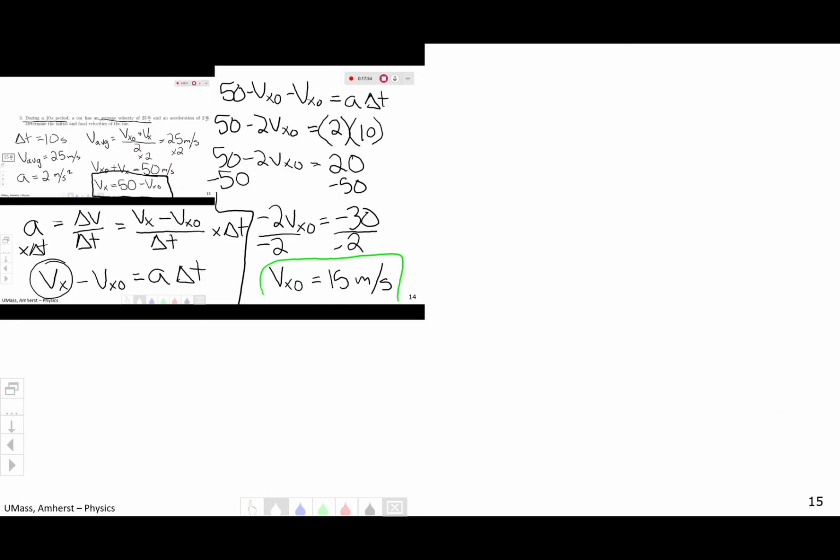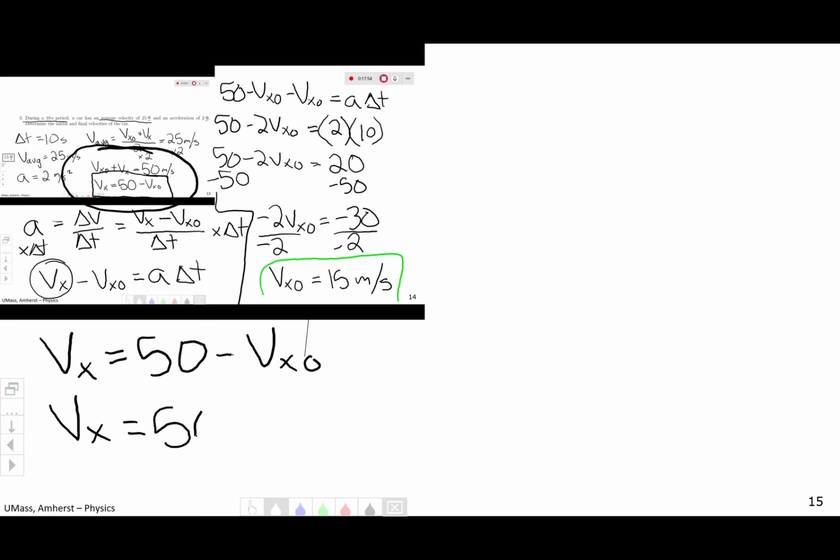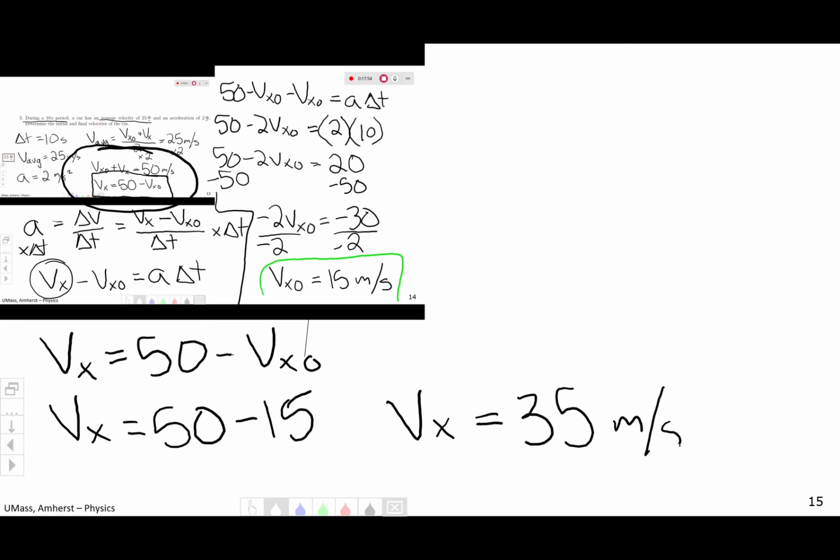Then we have just solved earlier up here again that Vx is 50 minus Vx0. So Vx is 50 minus 15, giving you a Vx of 35 meters per second. And there is the second piece of your answer.